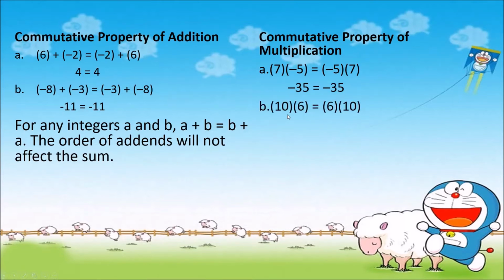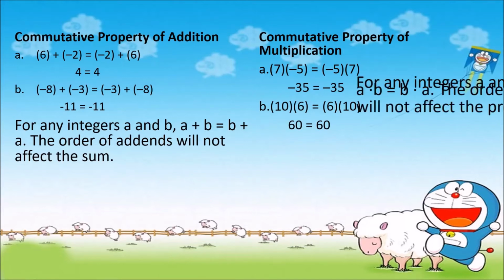Next, positive 10 times positive 6 is equal to positive 6 times positive 10. Therefore, the product is positive 60. Kahit balik na rin ang pwesto ng dalawa, still hindi affected ang product.